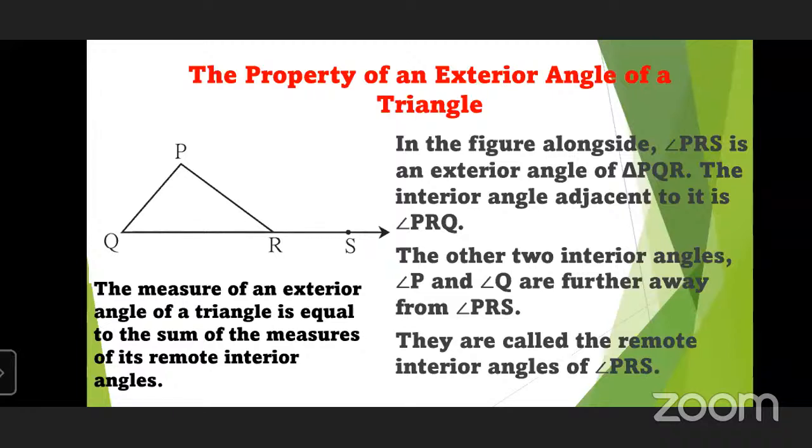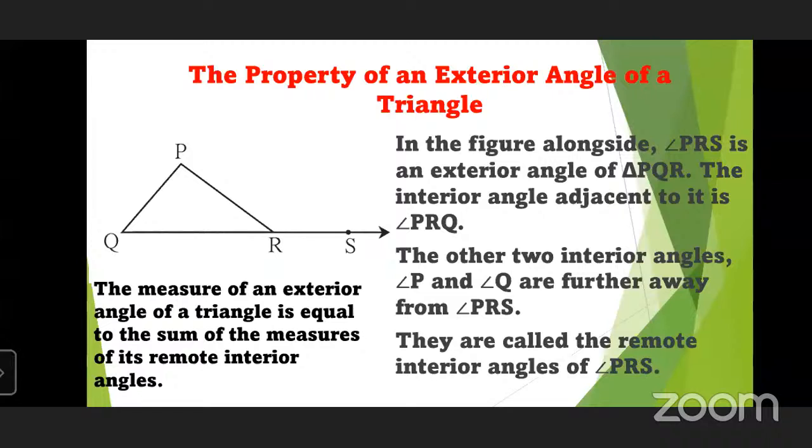The other two interior angles, angle P and angle Q, are far away from angle PRS. So they are called the remote interior angles of PRS.